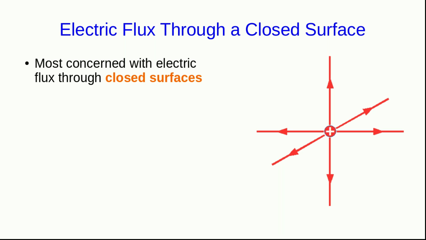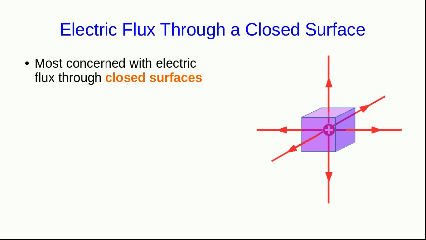The surfaces I've been considering so far have been open surfaces, but with electric flux, it's going to turn out that we're most concerned with closed surfaces, because the flux through closed surfaces has certain useful properties. What do I mean by a closed surface? Well, let's say we build a box around this charge.